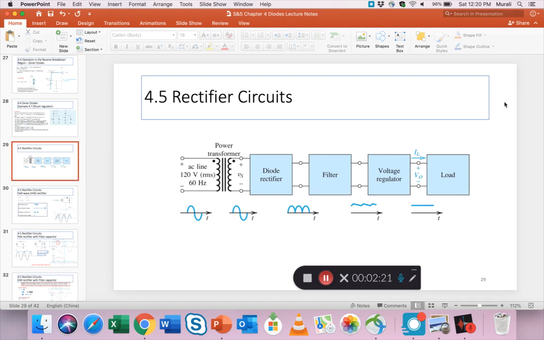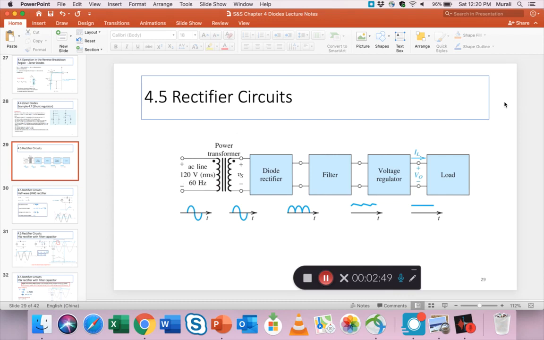This may not be new, but certainly I think we'll be doing a lot more detailed study of rectifiers than anything you've done in the past. So let's start off with this nice block diagram of a rectifier, and this is in our textbook.